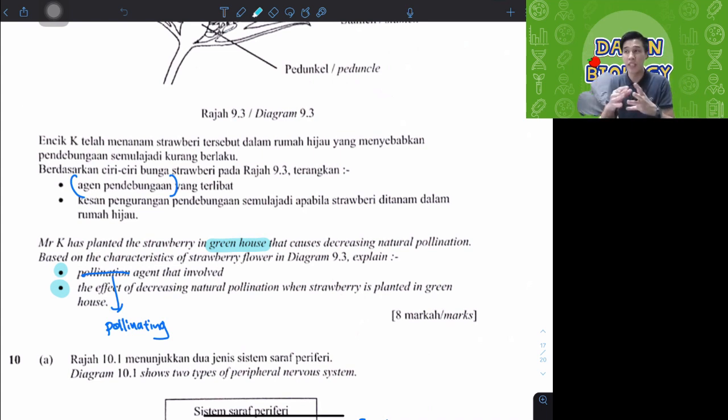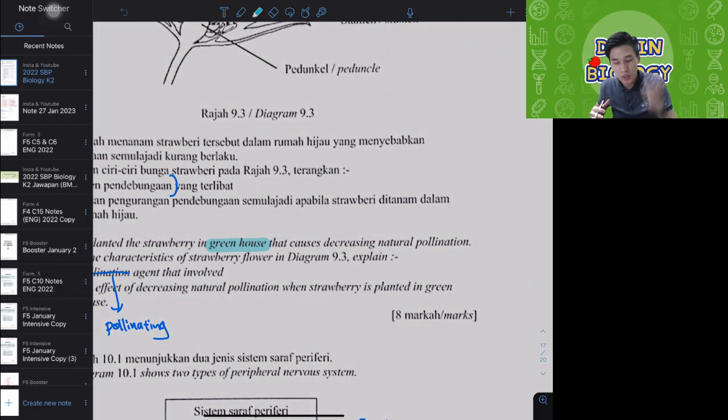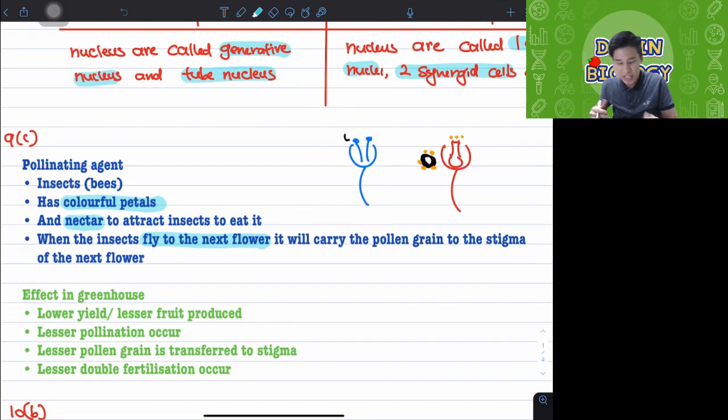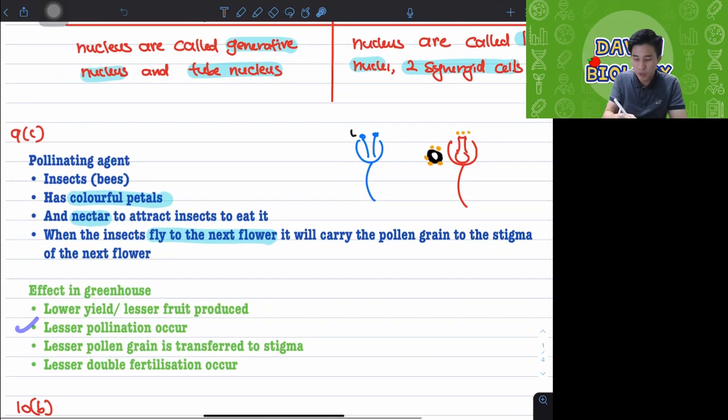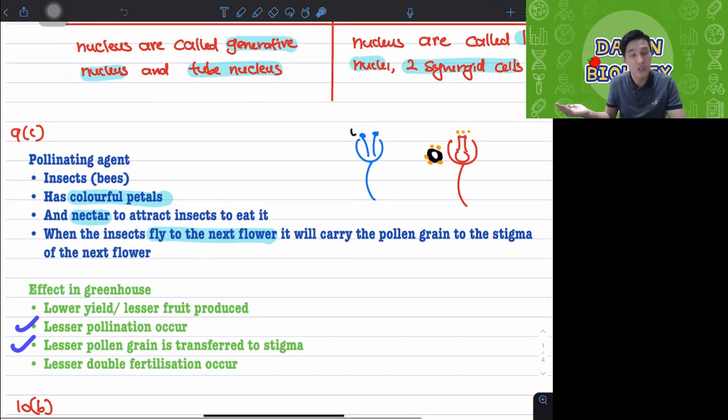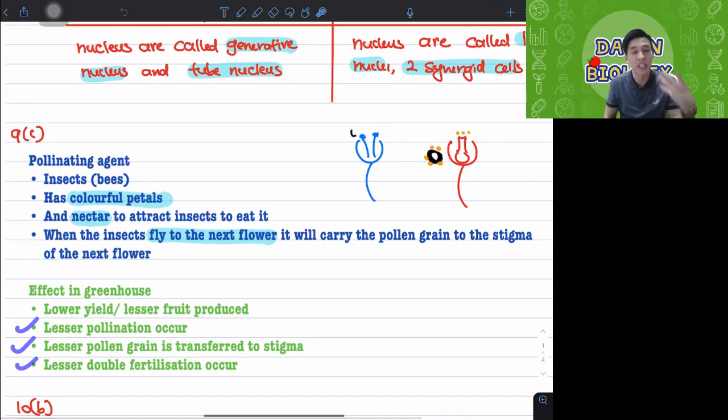So of course, you plant it in greenhouse, there are no bees inside the greenhouse. Bees are outside in nature, right? So that's why I mentioned here, there will be lesser pollination occurring, therefore lesser pollen grain transferred to the stigma and lesser double fertilization occurs.